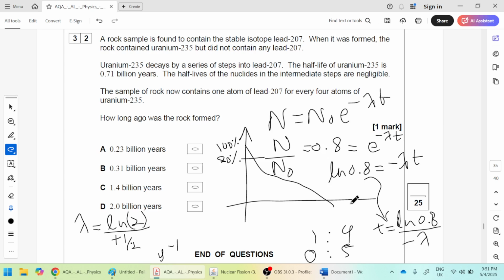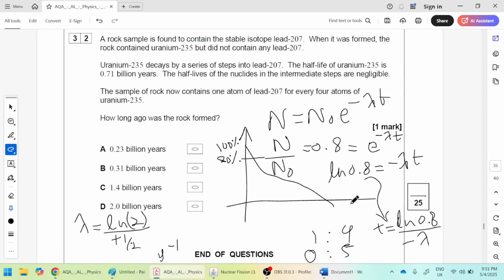Lambda is ln 2 over the half-life, which is 0.7 billion.